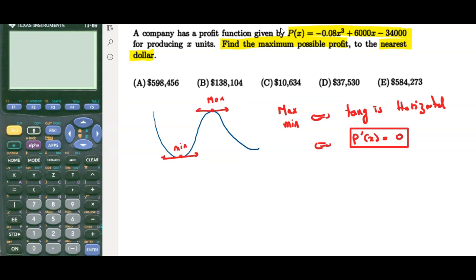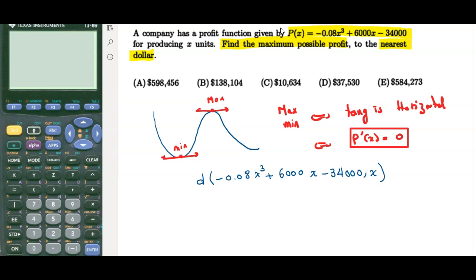Now, in this case, we just want to take the derivative of p, right? So this will be p prime, that's the derivative, open the parentheses, minus 0.08x cubed plus 6000x minus 34,000, and then comma x, and that's going to be my derivative.